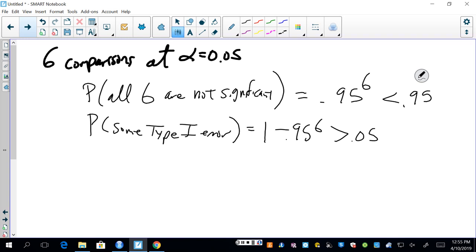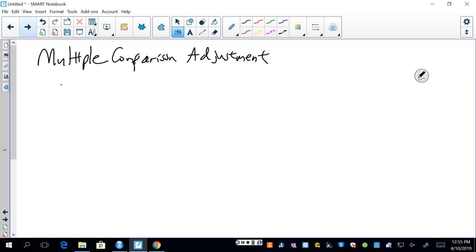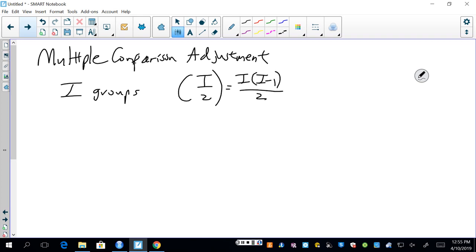Right? So multiple comparisons. Bonferroni simply divides that 0.05 by the number of tests. Right? So multiple comparison adjustment. If we have I groups, if I choose two for pairs, this is calculated as I times I minus 1 over 2 pairs.